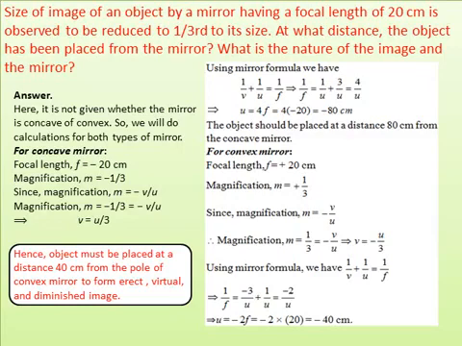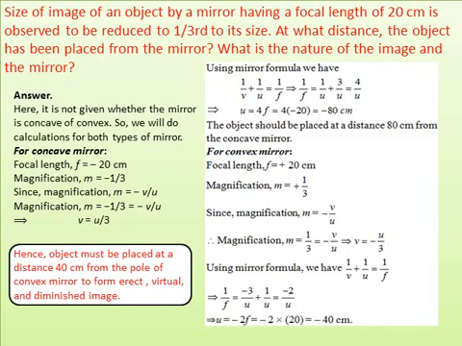Now, the answer. Here it is not given whether the mirror is concave or convex, so we will do the calculation for both types of mirrors. What is the magnification? Magnification is equal to 1 by 3. When we take the concave mirror, magnification will be minus 1 by 3.